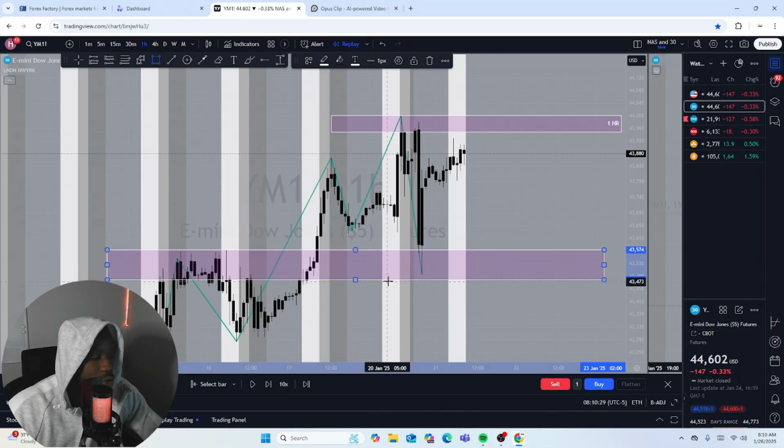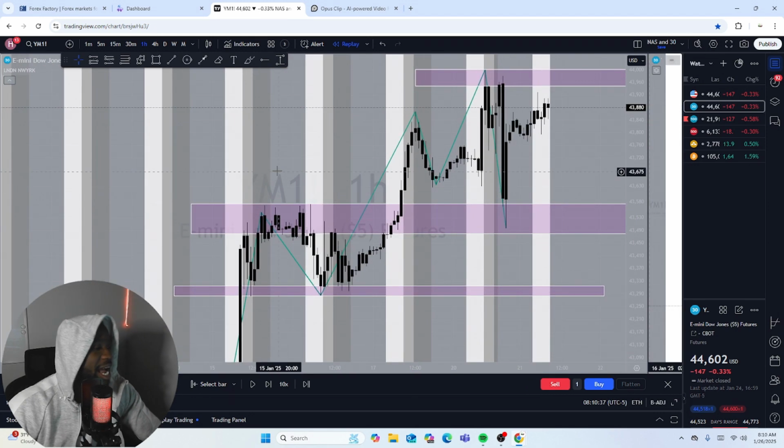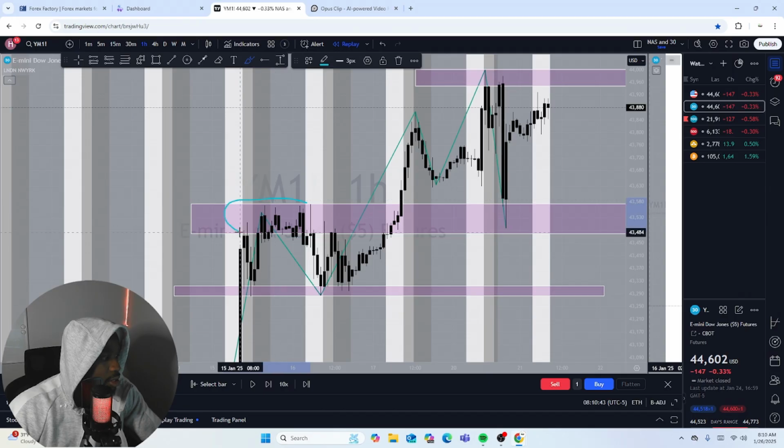But what do you notice when you see I drew that area of interest? I'm gonna tell you what I noticed. I noticed that price created a high up here, right? Then when it pushed, it created a new high, it came back, it didn't retest this area.